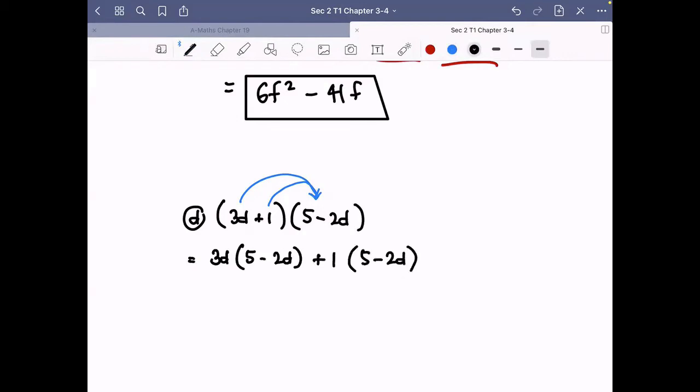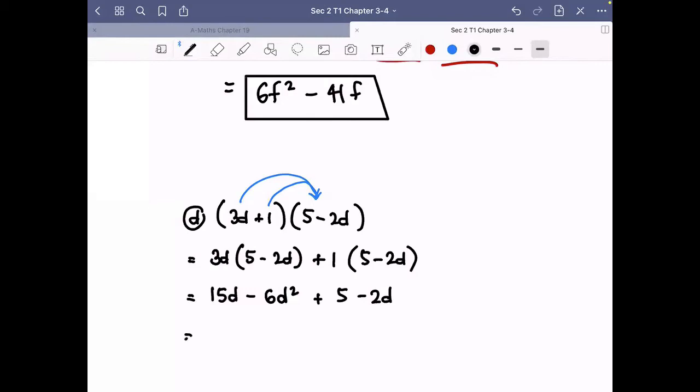Okay, so this gives what? So you just need to distribute this. So this is now 15D minus 6D squared. Take note of that. And then plus 5 minus 2D. And then let's combine like terms. So I'll put this thing in front, yeah?